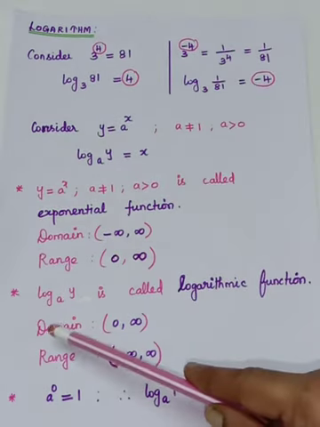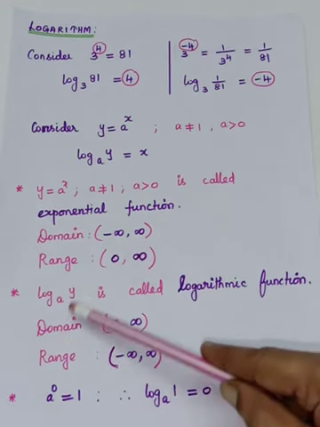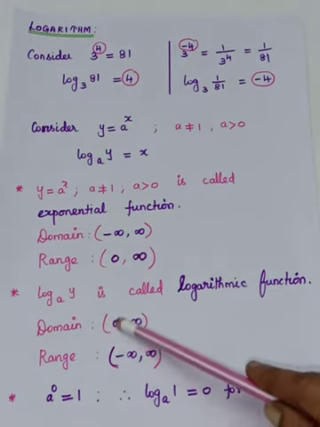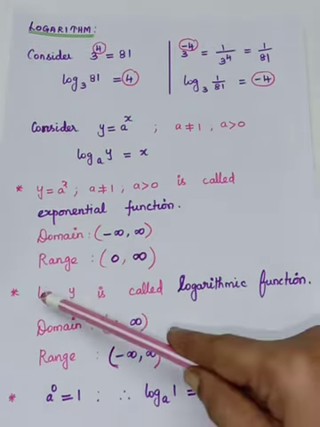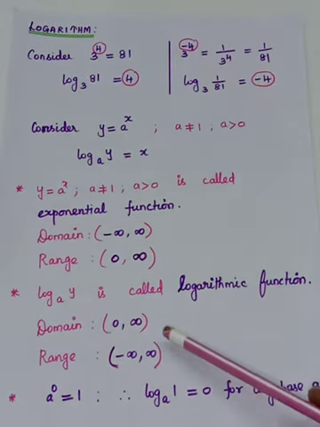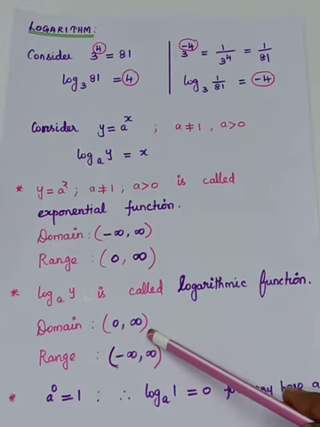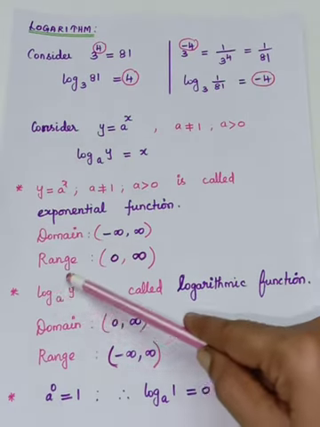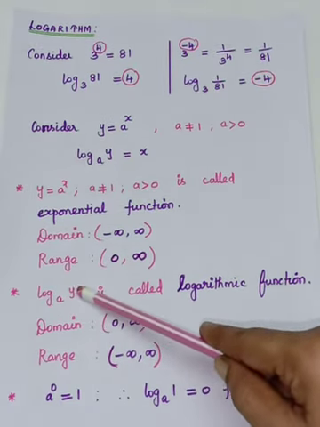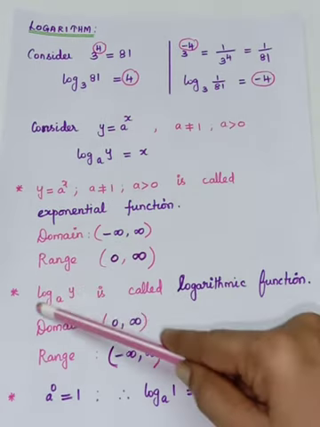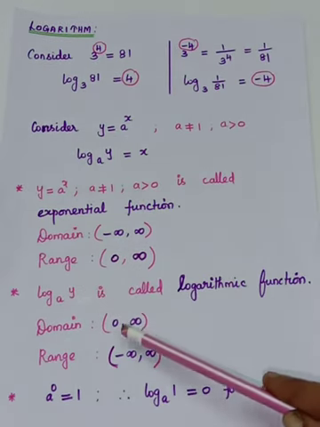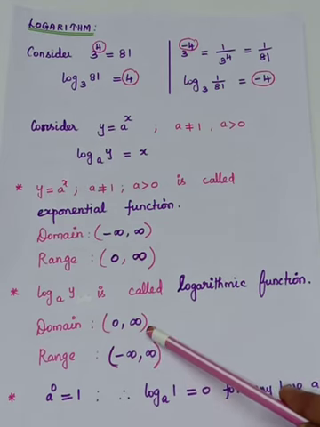Therefore the domain of the logarithmic function is 0 to infinity. The logarithmic function is defined only for positive real numbers. We will not write a negative value beside the log. So the logarithmic function is defined only for positive real numbers.